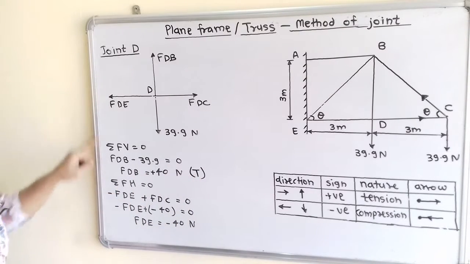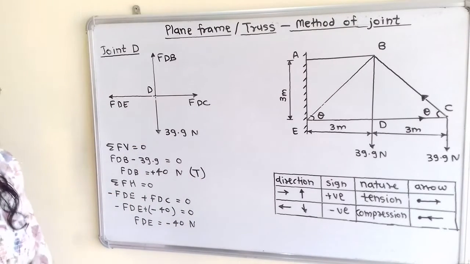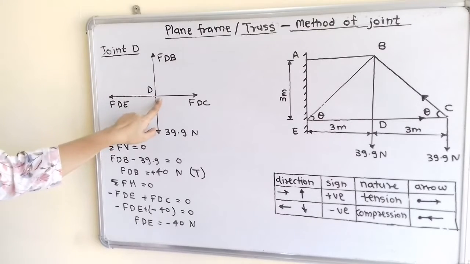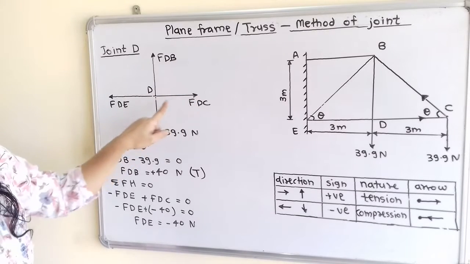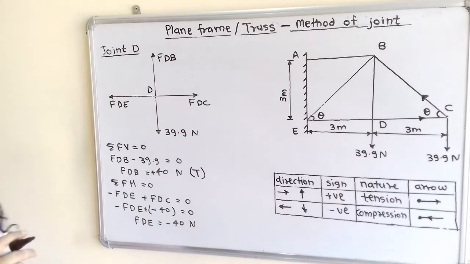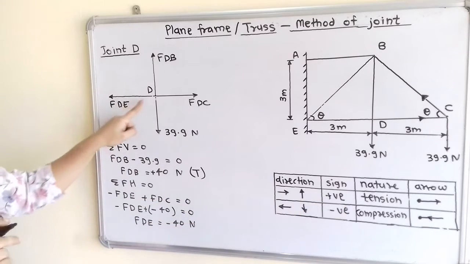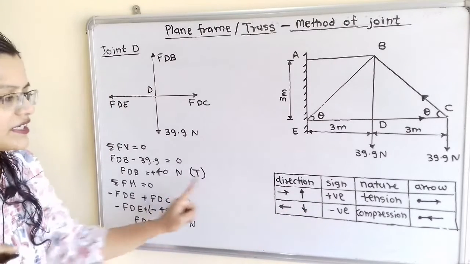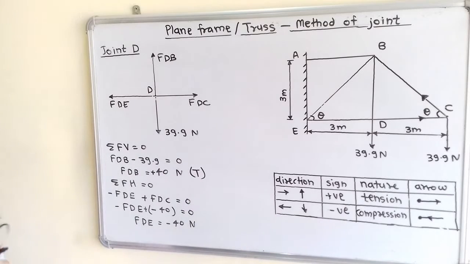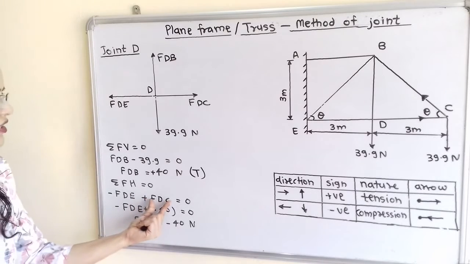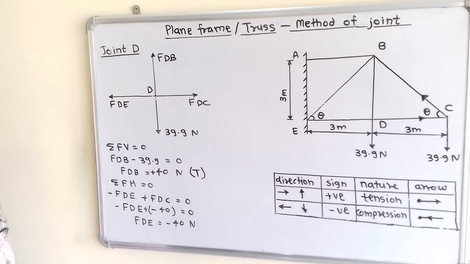Now we will move to the next: summation of all horizontal forces is equal to 0. Here FDC direction is towards the right-hand side, so take a positive sign, and FDE direction is towards the left-hand side, so use a negative sign. Minus FDE plus FDC is equal to 0. Now we have calculated FDC.